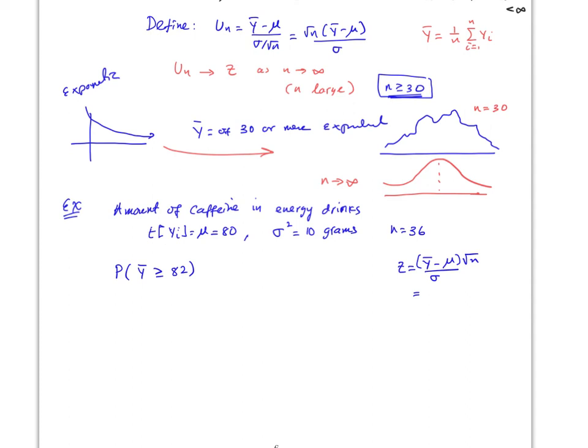So in our case, this will be 82 minus 80 times the square root of 36 divided by 10. So this will be 2 times 6, which is 12, divided by 10, that's 1.2. Therefore, this is the same thing as the probability that z is greater than 1.2. And if you look to the table, this will be 0.1151.